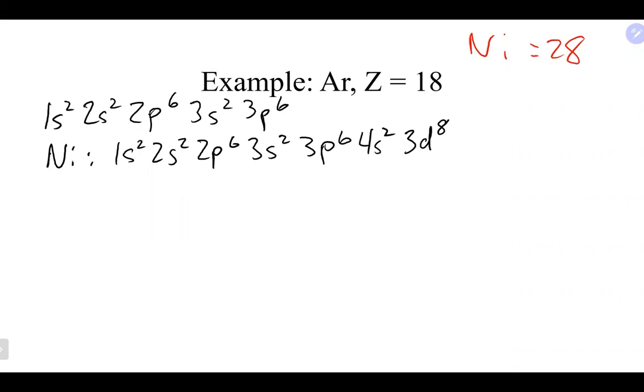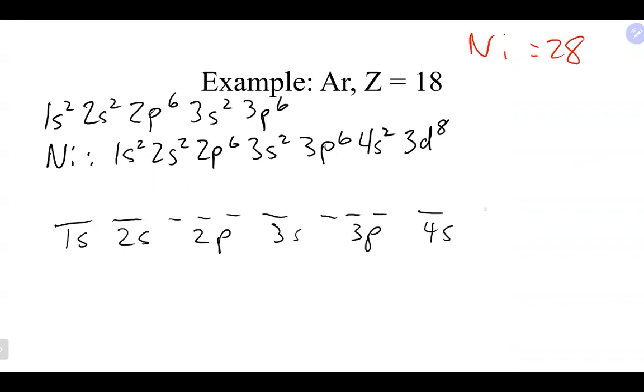If we want to, we could draw the orbital diagram real quick here. I'm just going to go sideways for space saving. So we have our 2s, we would have our 3 boxes for our 2p. We would have our line for our 3s, we would have our 3p there, we would have our 4s, and then we would have our 3d here.